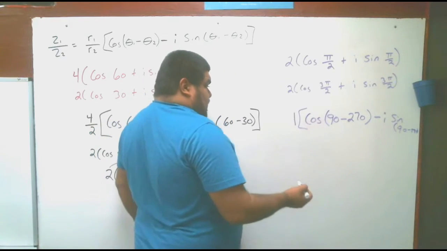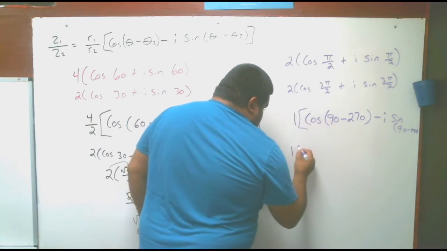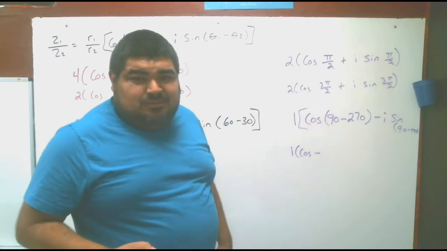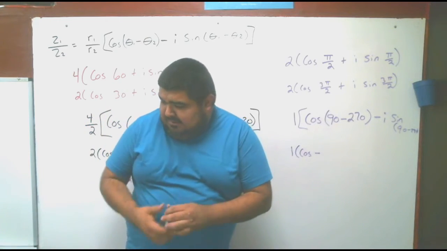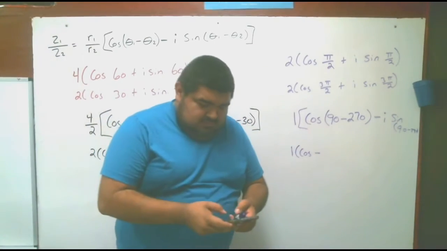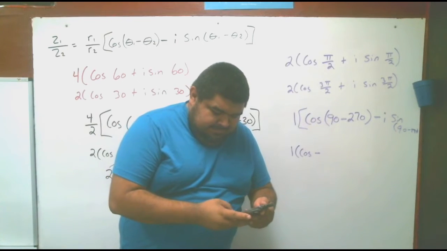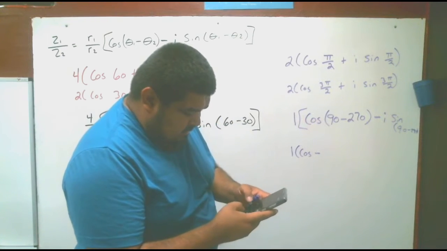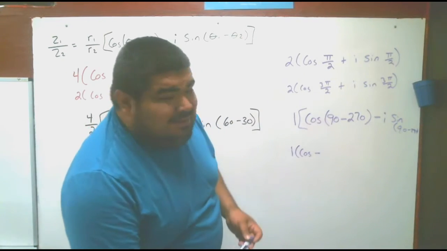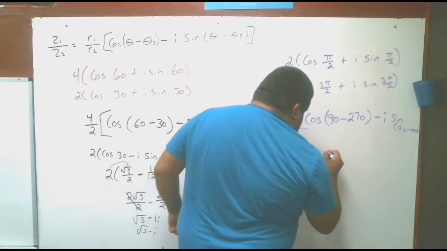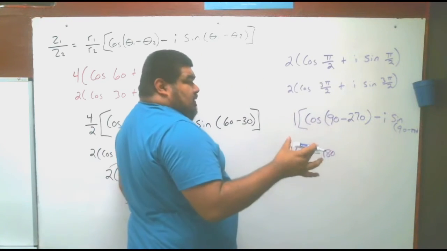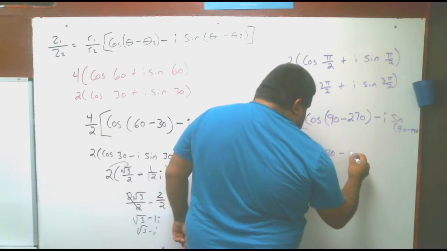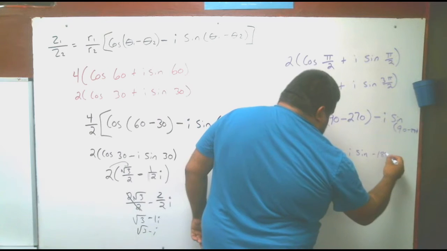So now we're dealing with 1 cosine of negative, okay? 90 minus 270 is, let me see from the calculator, 90 minus 270, negative 180, okay? Negative 180. And again, since we're dealing with degrees, we're going to have the same thing, okay? Minus I sine of negative 180.